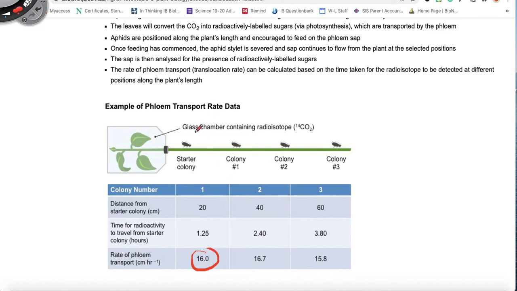So as you're going from this colony to this colony to this colony, you are measuring the distance from one colony to the other. You let the aphids penetrate all the way to the phloem, and then you cut their stylets, and then you see how long it takes for that sap to flow from one colony to the other.